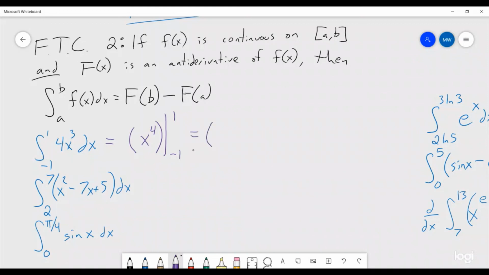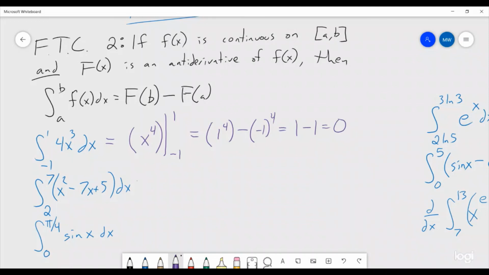So this is going to be 1 to the 4th minus -1 to the 4th, because it's F at b minus F at a. So we go top minus the bottom. So this will be 1 minus 1, which is 0. There we go. So this one is going to be a 0.